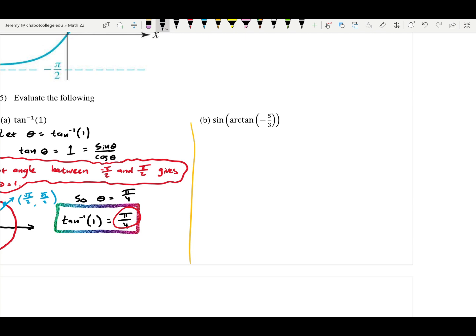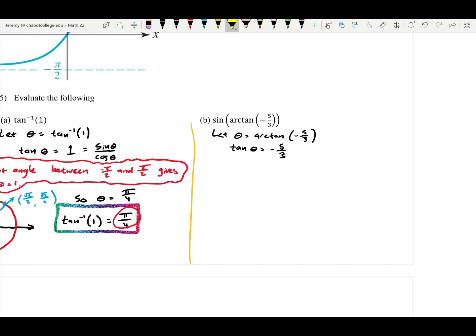But I'll start like we usually do, where I will let theta equal arctan of negative 5 over 3, which means that tangent of theta will be equal to negative 5 over 3.